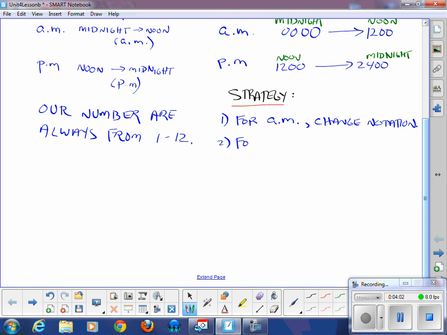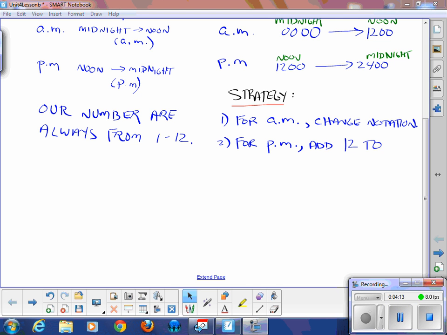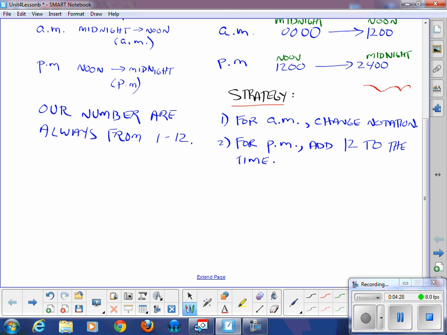For PM, we need to add 12. So in order to go to military time, for our PM times we've got to add 12 to the time. We're just going to be practicing adding 12 hours to our PM times. So there it is, your strategy. And we'll make that into an anchor chart so that you have that as you move into the homework.